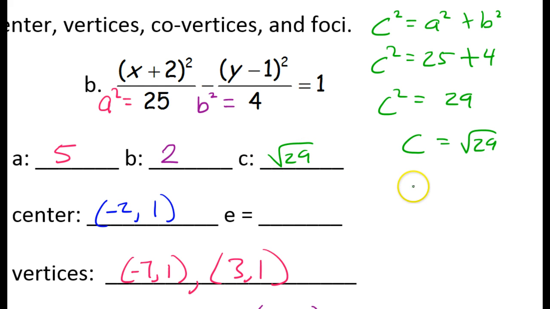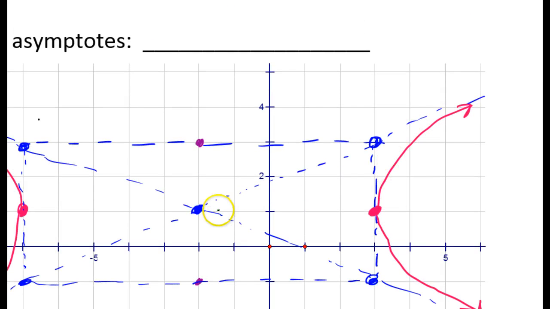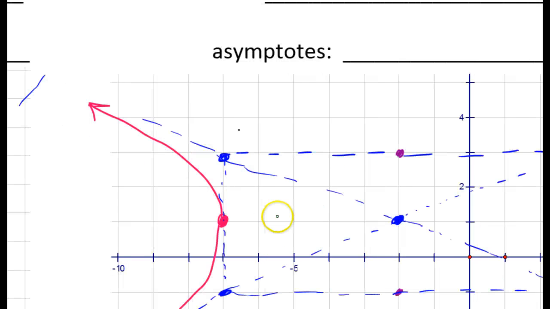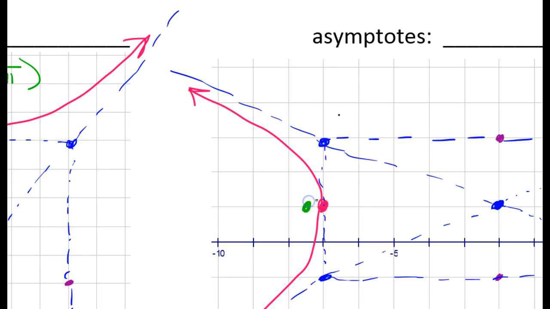For graphing purposes, it will be useful to know that the c value is approximately 5.4. If I go 5.4 to the left and right of the center, that will be a focus. This is 5, so 5.4 is just a little ways over. So there's a focus, and here's a focus.